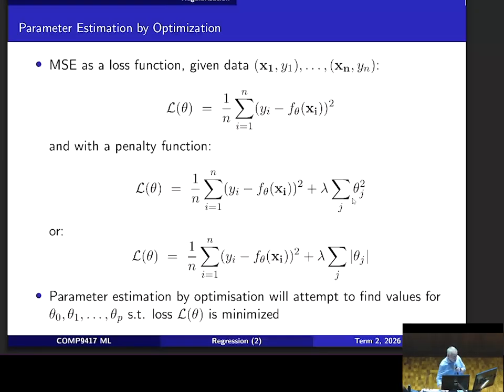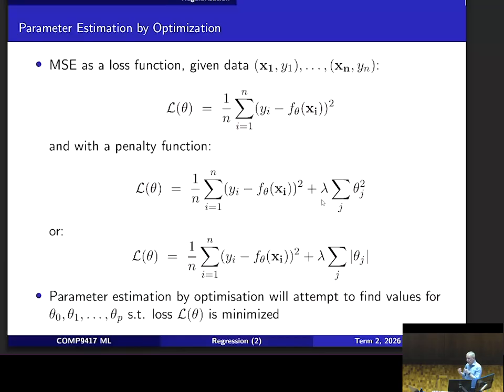Now, it sometimes matters how you implement this penalty. So I'm showing here two examples. This is the most widely used. It's called the L2 penalty, because you can express this as an L2 norm or a 2 norm. Just check back on norms. It also has this lambda here. Where does this lambda come from? It's called a hyperparameter.